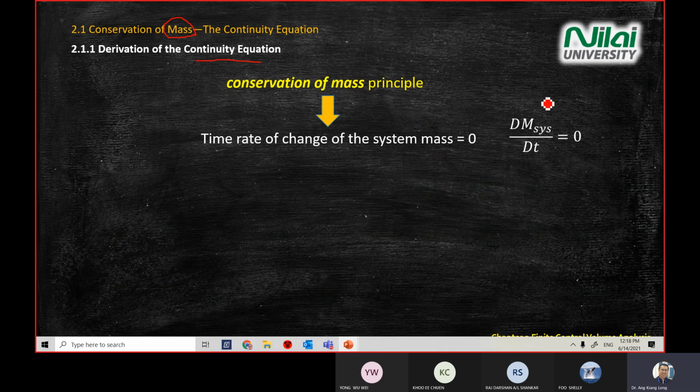So mathematically, you should know how to write dm, the change of mass, divided by time. You will get time rate of change of system mass. So for system mass, we use capital M subscript sys, right?